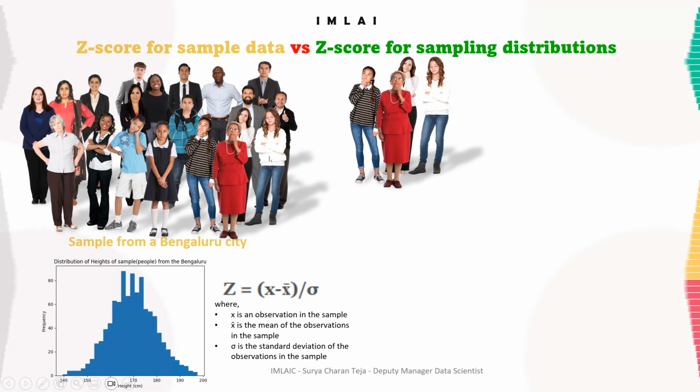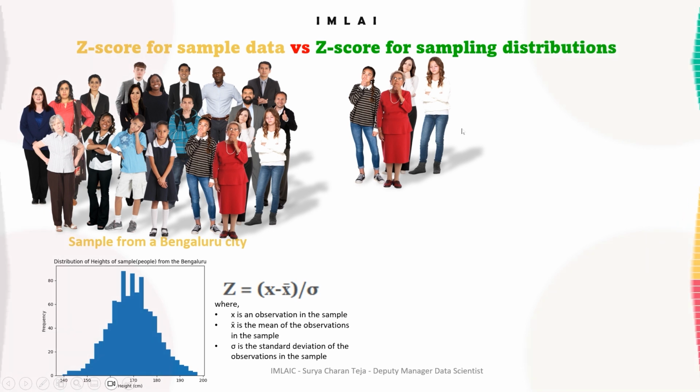It can be used to find outliers or just to understand how far the height of this guy or this girl is from the mean of the whole data. That's the main objective of the first case.